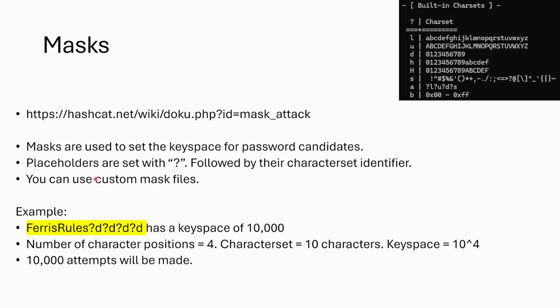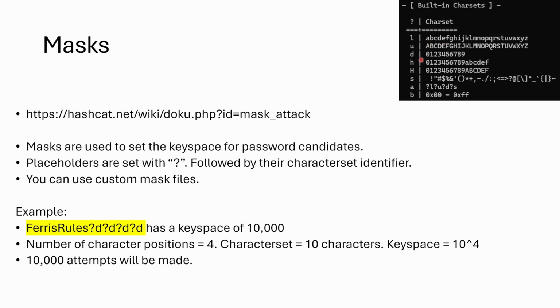But some examples. So we talked about this concept of character sets and key spaces, but say we have ?d?d?d?d. So that's 4 digits. It has a key space of 10,000. There's 10,000 possibilities of this, just like our other example in the last slide. We take the number of character positions, so we have 4, and then our character set for one of those positions.